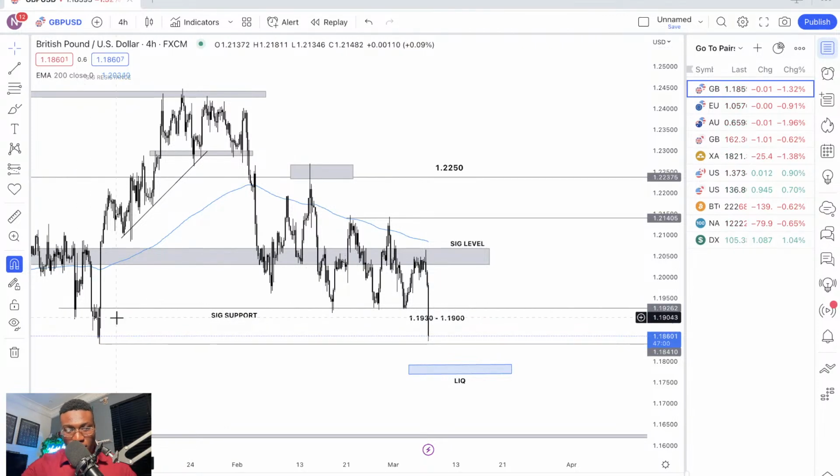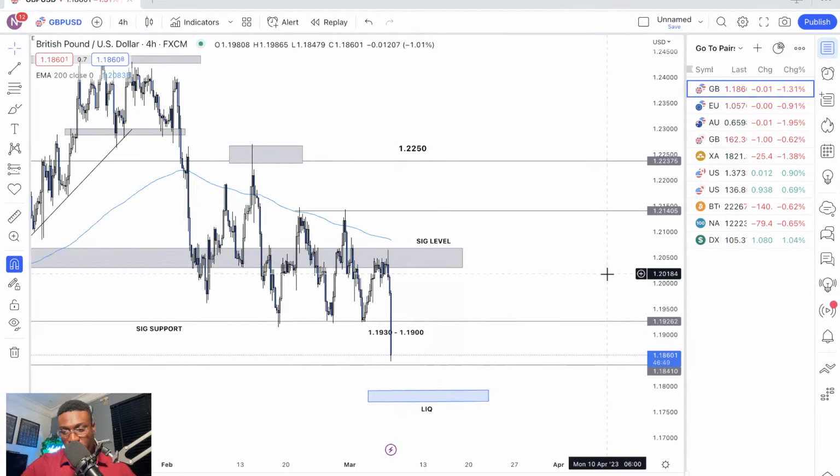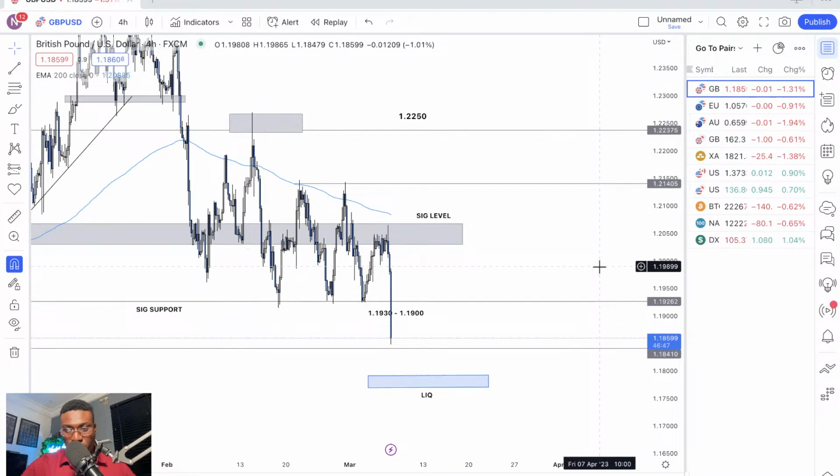And you can see that it has served as a key support level for the pound dollar market. But we've successfully broken below it. And you obviously know that's a result of the just concluded speech by the chairman of the Fed.